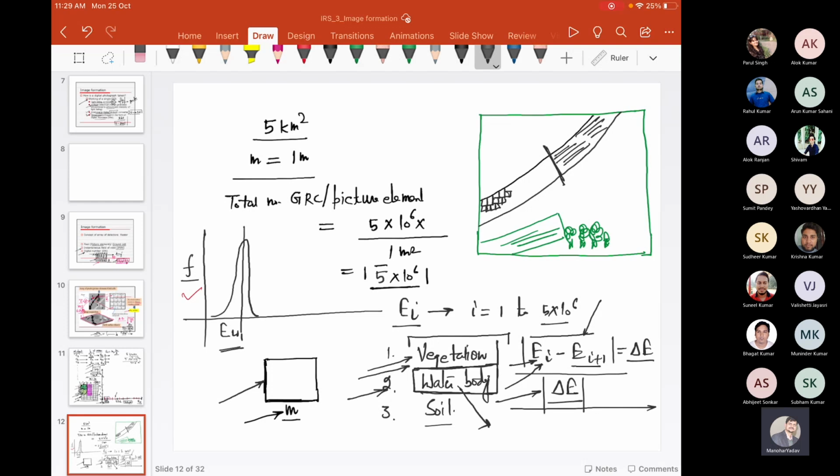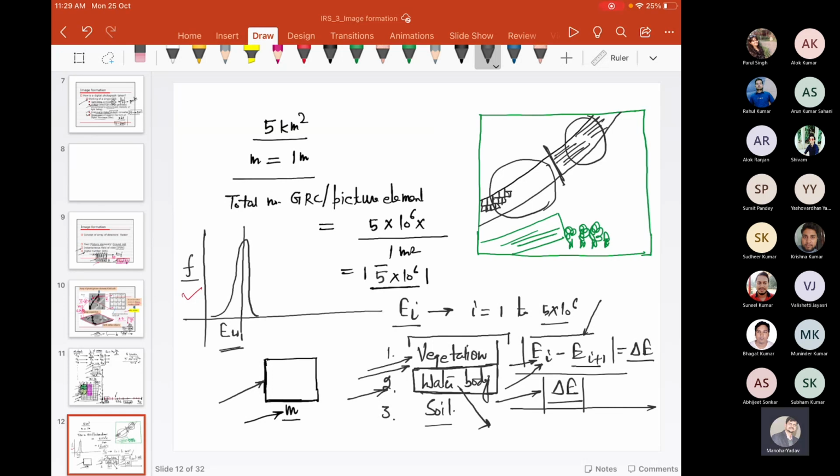In that case, what will happen? These ground resolution cells are having the same kind of energy, while for the second part where water is turbid, the energy component will be different.